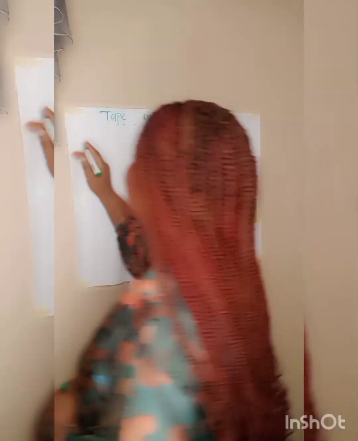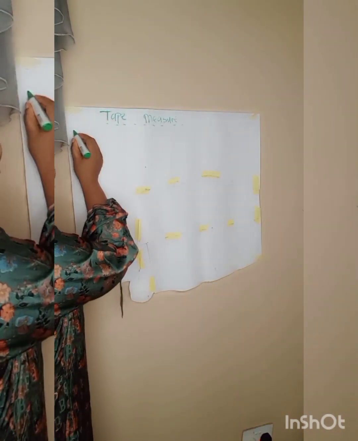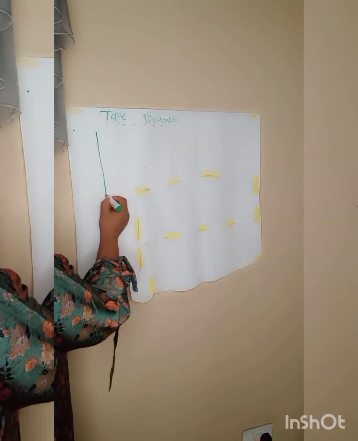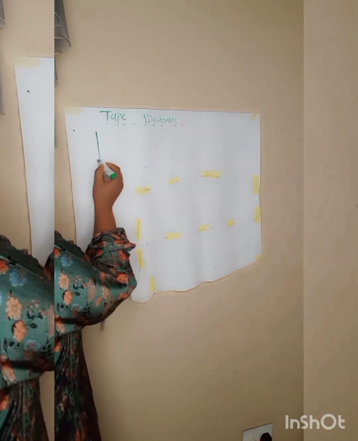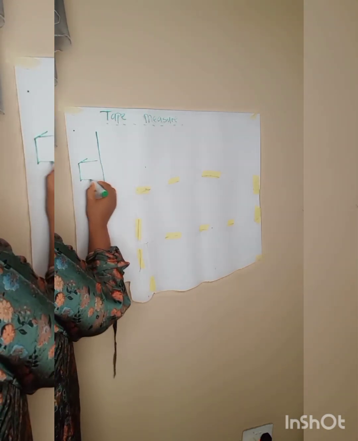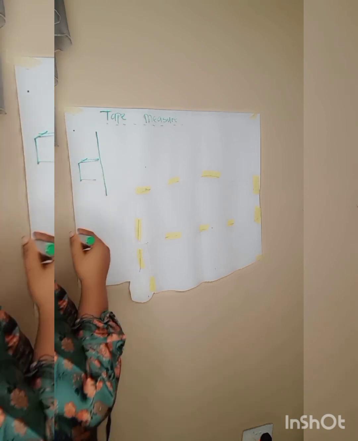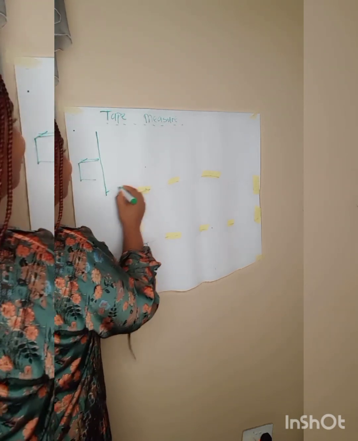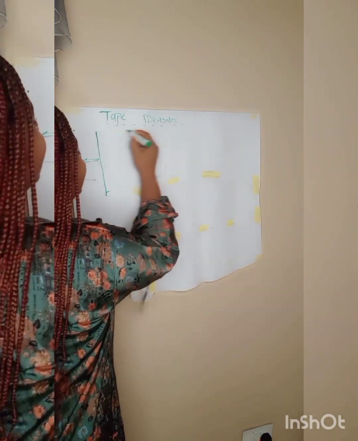So now using the imperial mode, we likely see things like this. You have the metallic head, and your tape rule goes this way.